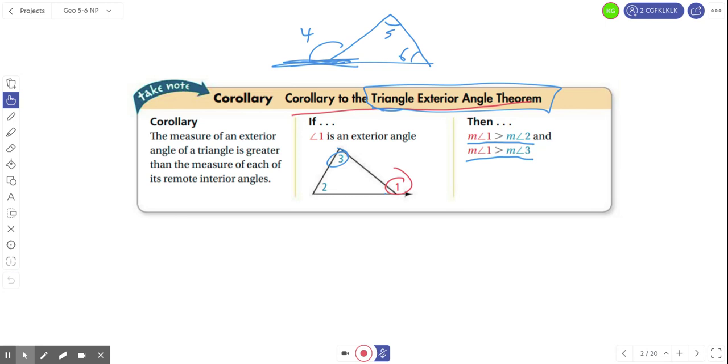That's the exterior angle theorem, that 4 equals 5 plus 6. And the corollary is that that exterior angle is bigger than either of those two, which makes sense. This should be measure of angle 4 equals measure of angle 5 plus measure of angle 6, there should be m's in there. All right, so let's look at how we use that.